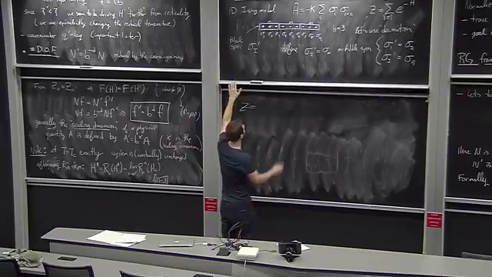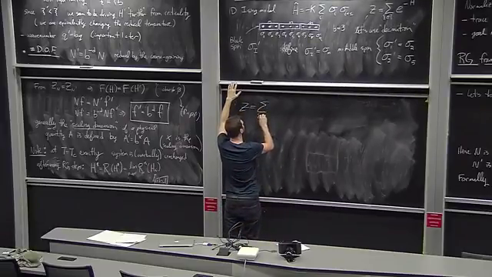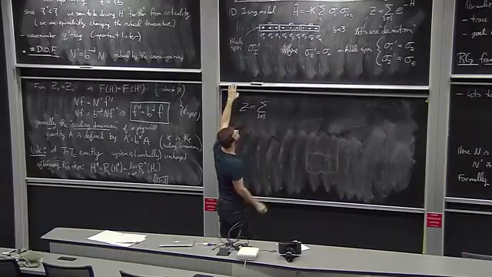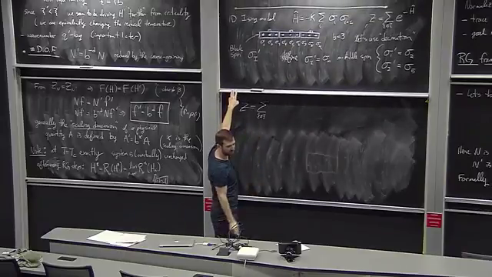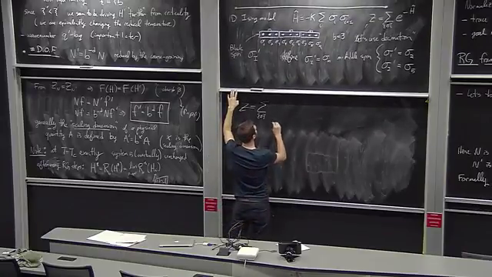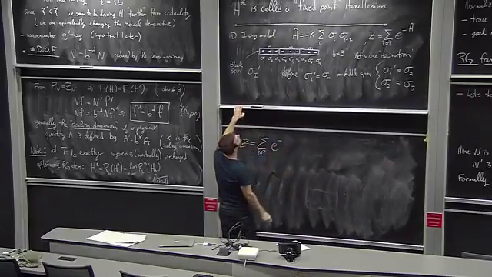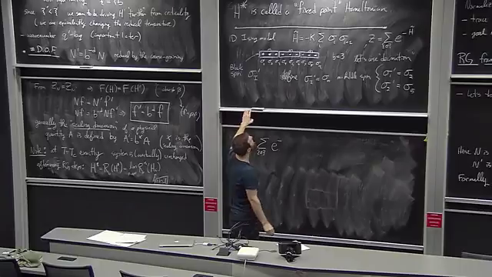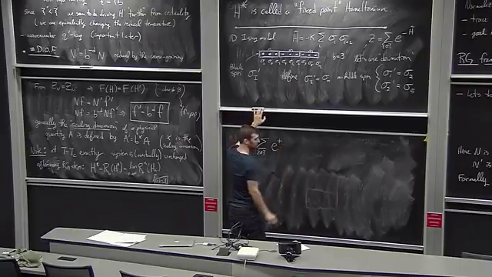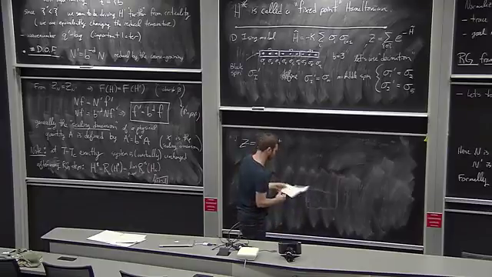Okay, so let me write it like this. Sum over all spins. Okay, so I have that Hamiltonian. So e to the minus h, I have a minus sign out front. Convenient.